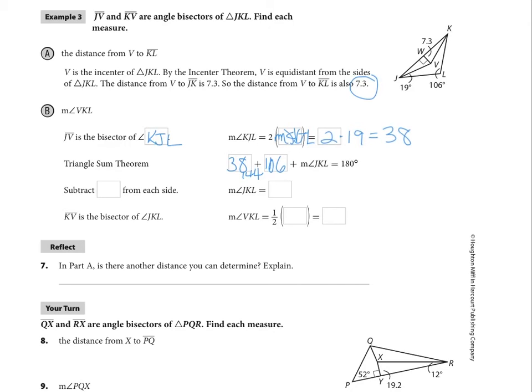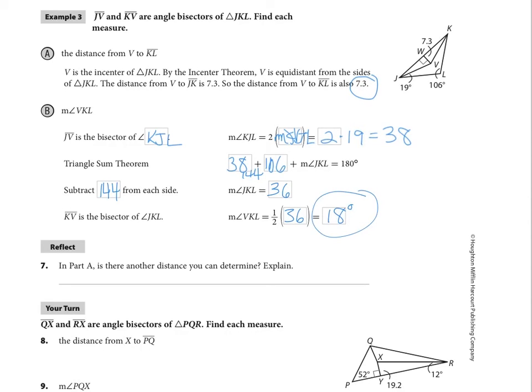So I'm going to subtract 144 from each side, and I will get that the measure of angle JKL is 36 degrees. If KV bisects that top angle, JKL, then the measure of VKL is half of 36, or 18 degrees. And there are our two answers for example 3.